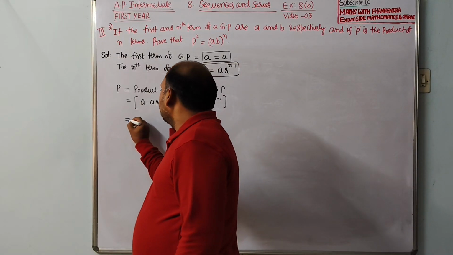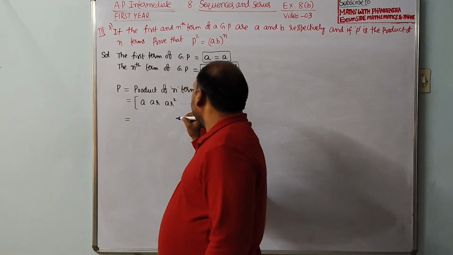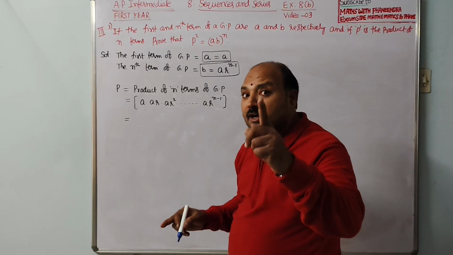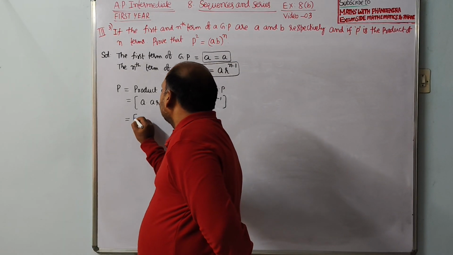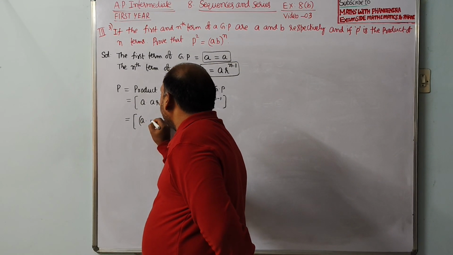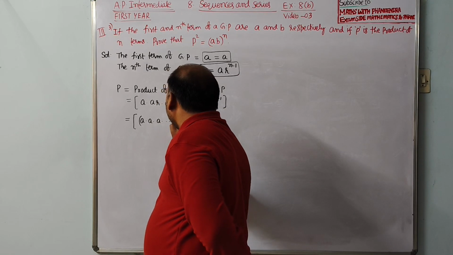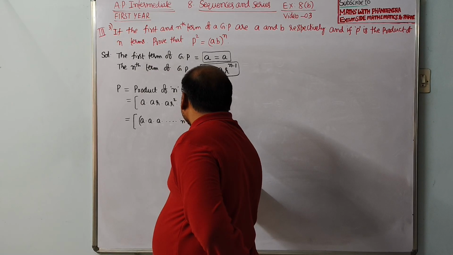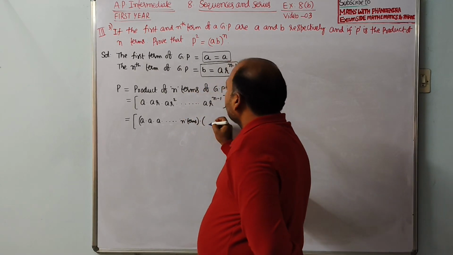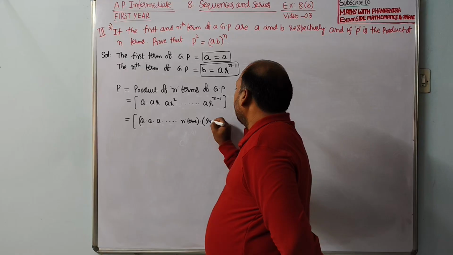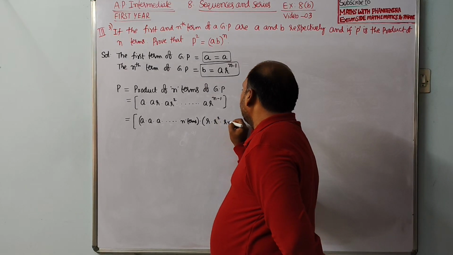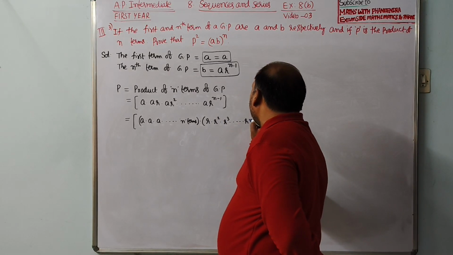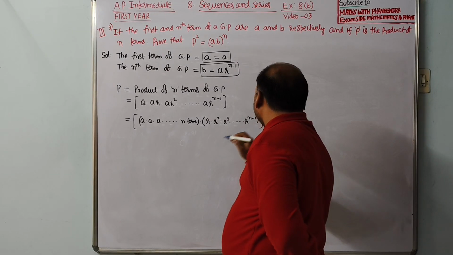So A into and so on, how many terms are there? N terms are there, you remember. So A into and so on, n terms, into the remaining r into r square into r cube and so on, r power n minus 1.